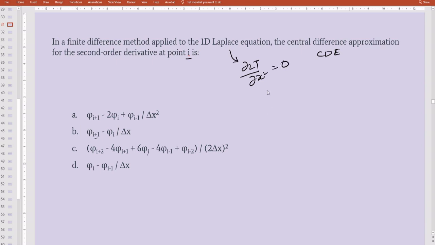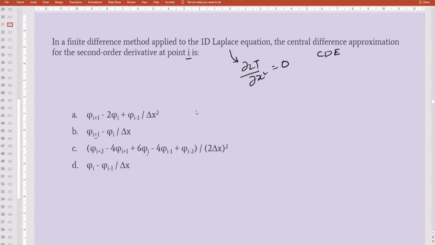In the previous question, we had a function there, q by t. Here it is for the Laplace equation, del square T by del x square equal to 0, since it is single dimension. This is a second order derivative term. So what is the central difference approximation?